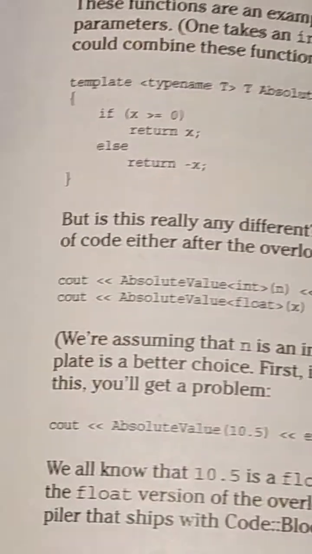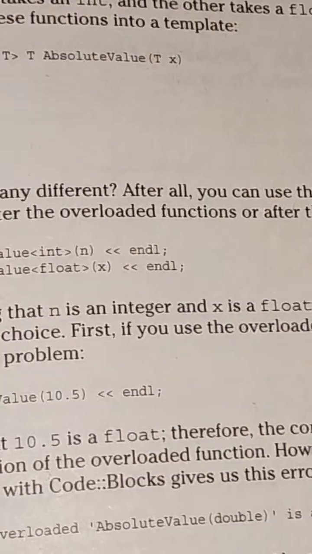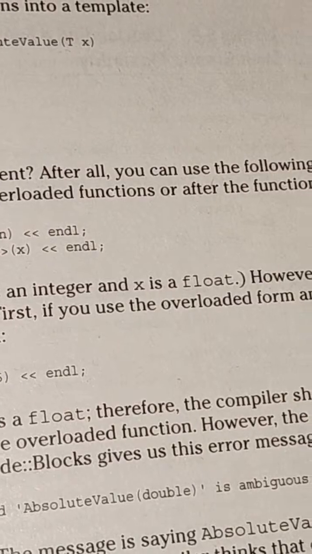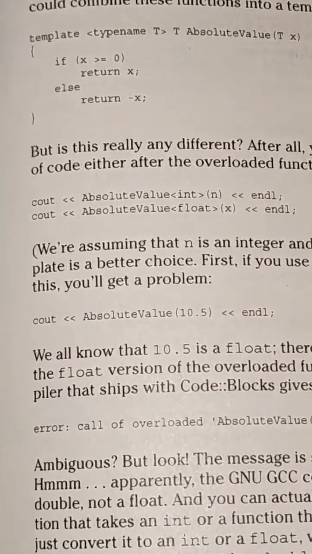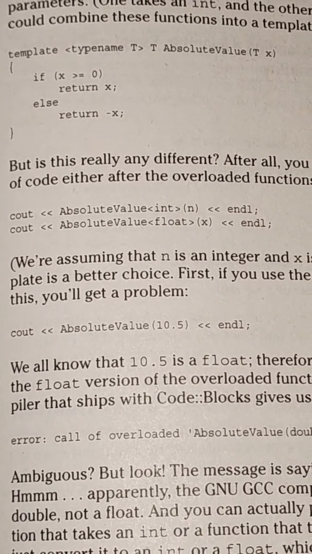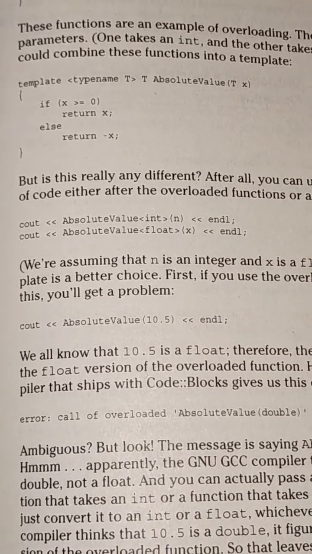However, the template is a better choice. First, if you use the overloaded form and then try this, you'll get a problem: cout absolute value 10.5 endl. We know that 10.5 is a float.